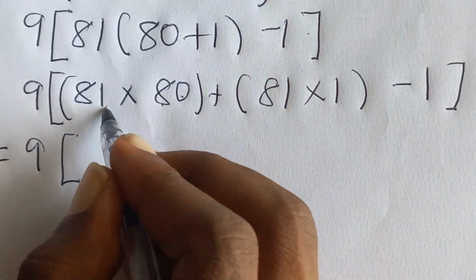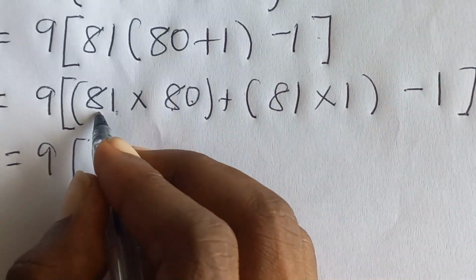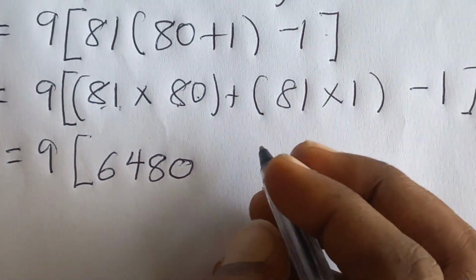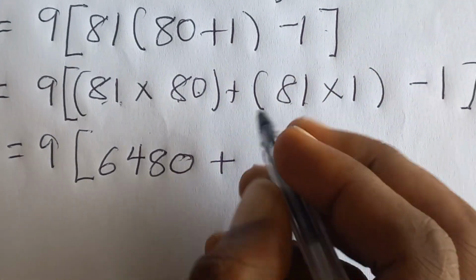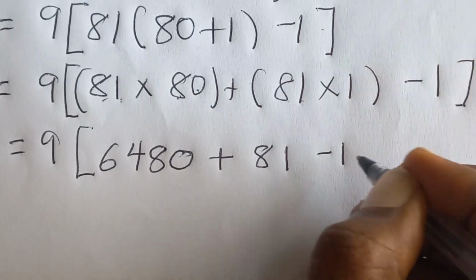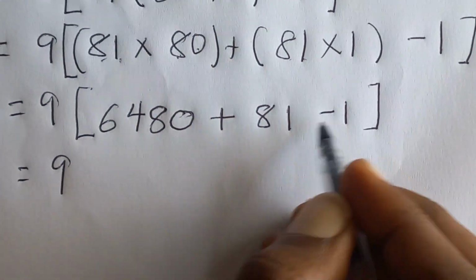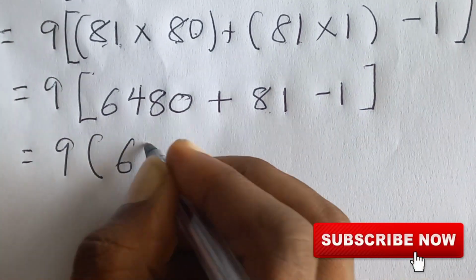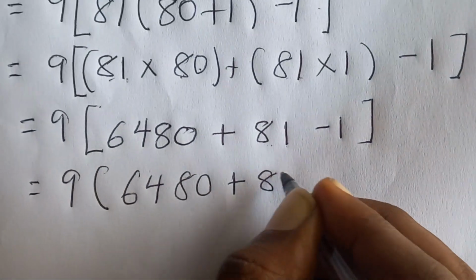Now 8 times 1 is 8. 8 times 8 is 64. So it says 6 4, like this. And then plus 81 times 1 is 81, minus 1. So we are going to get now 81 minus 1 is 80. So we are going to get 6480 plus 81 minus 1 is 80.